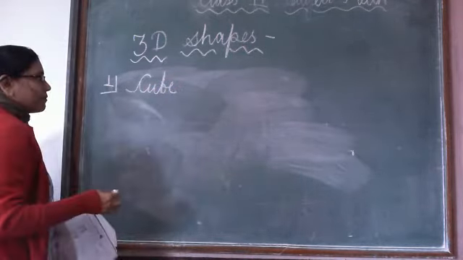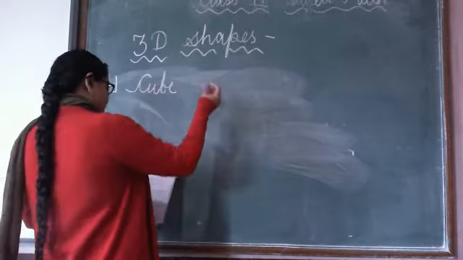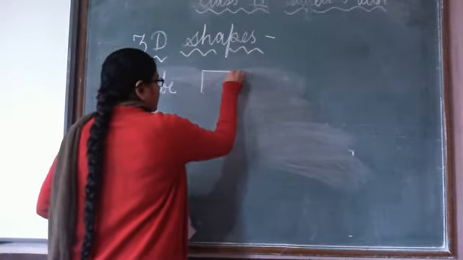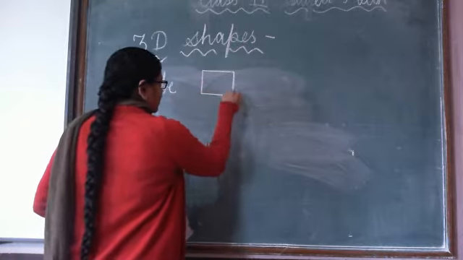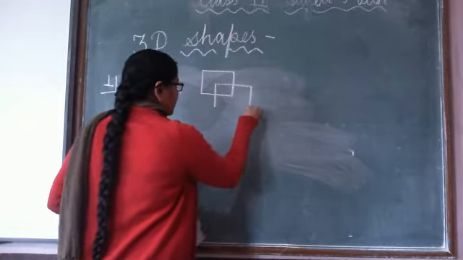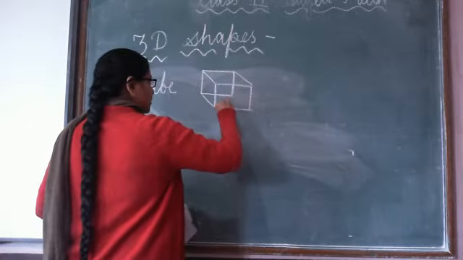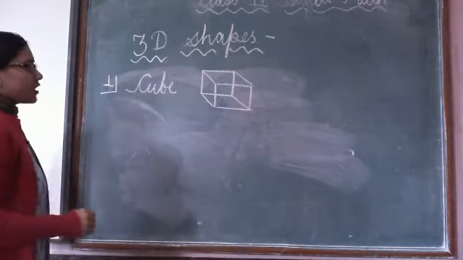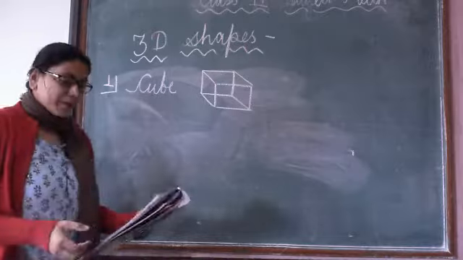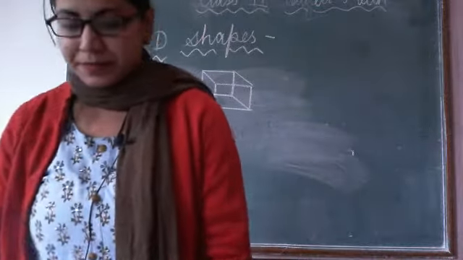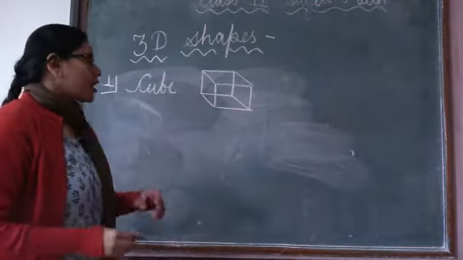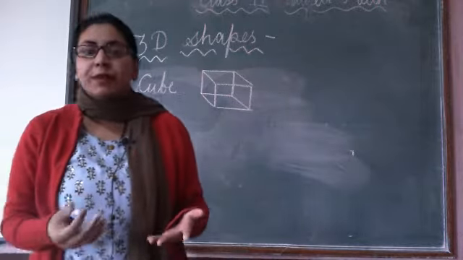We'll write the name and then we will draw the shape. This is cube. Now cube is having 6 flat surfaces. Have you seen dice when you play Ludo?